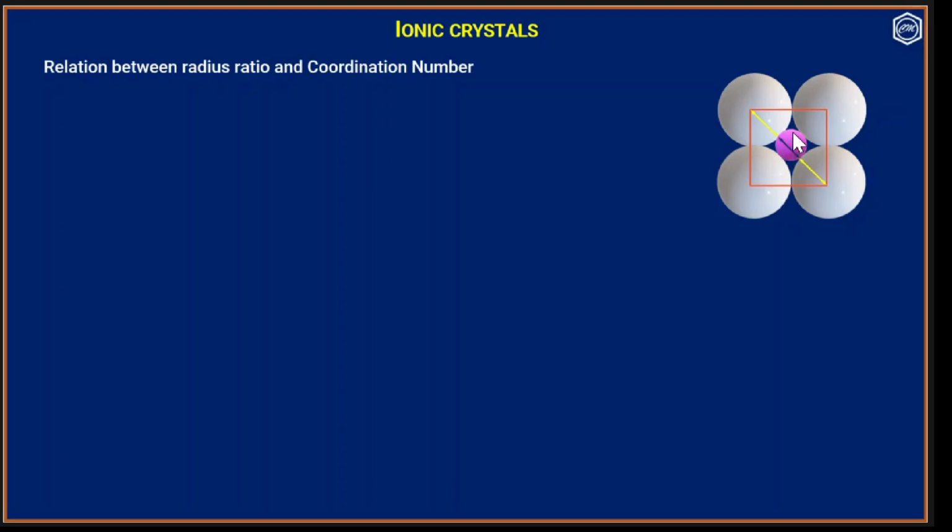This is the diameter or 2 radii of the cation. RA, radius of anion, and RC, radius of the cation. Now we can calculate the radius ratio. The radius ratio is equal to radius of the cation by radius of the anion, that is RC by RA.